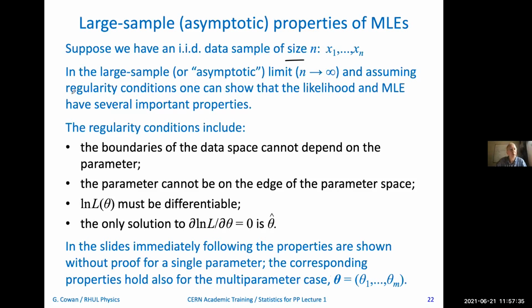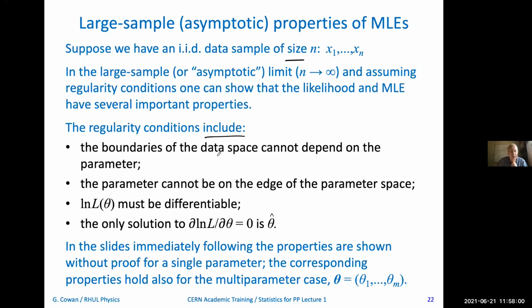and assuming what are known as regularity conditions, one can show that the likelihood and the MLE itself have a number of important properties. Now, these regularity conditions are a bit complicated and difficult to state, but let me just summarize the important ones here. So I'll say the regularity conditions include the following.